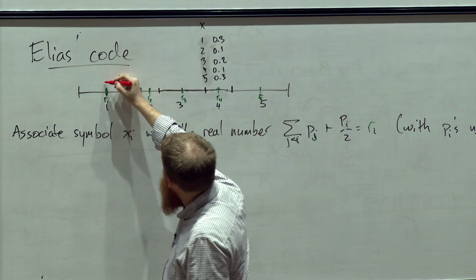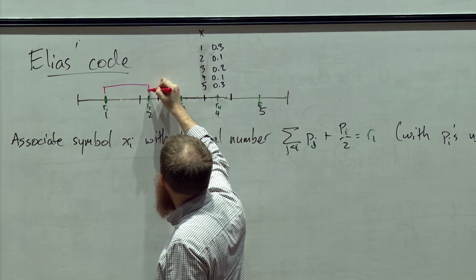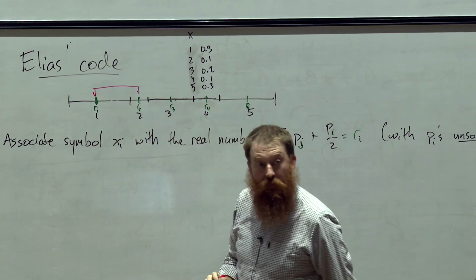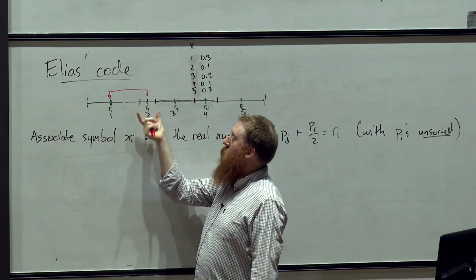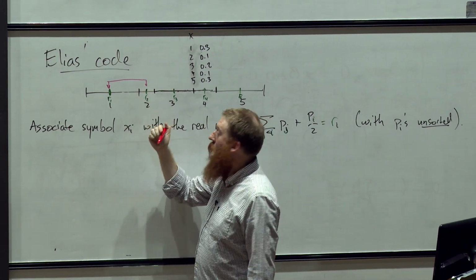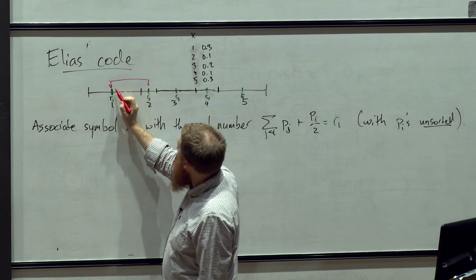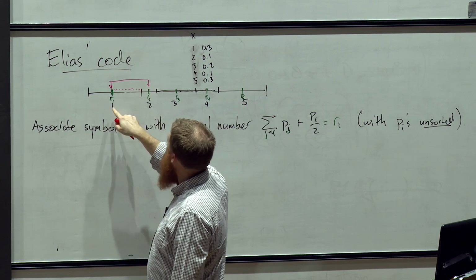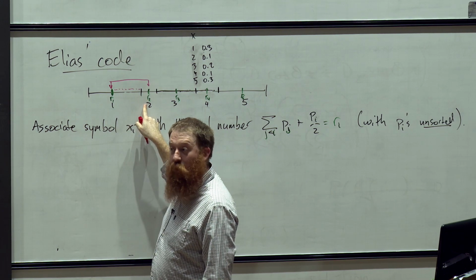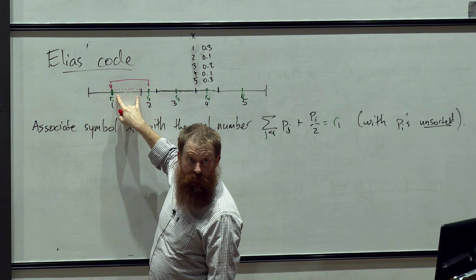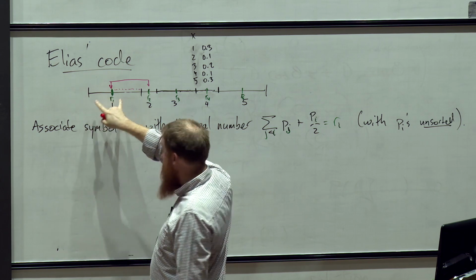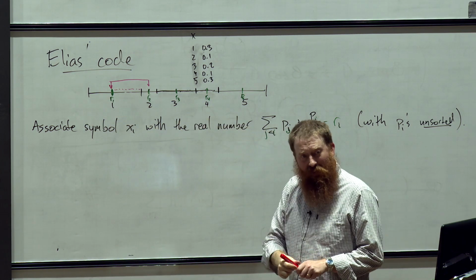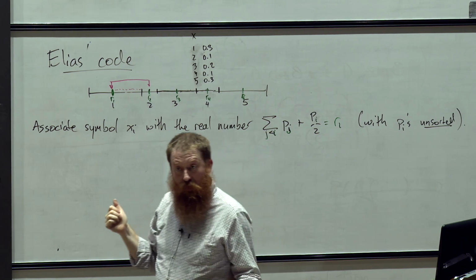Well, we know that the distance between R1 and R2 is here. In theory, you could imagine I could change the probabilities to make p2 as small as I like. And so what I can really guarantee is that the distance between R1 and the next code word is at least that long. And similarly on the left-hand side. So on the left and on the right, I know I've got at least half that interval length.